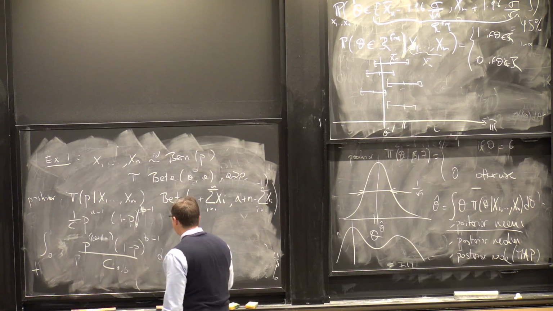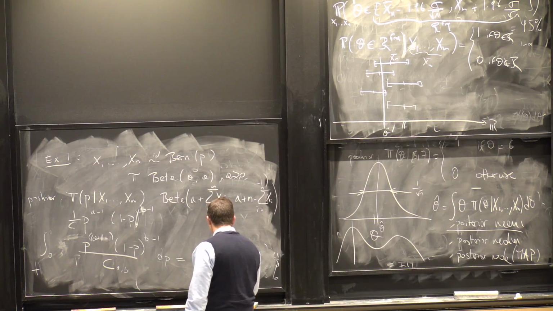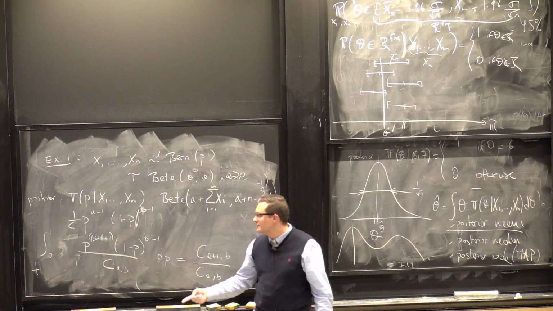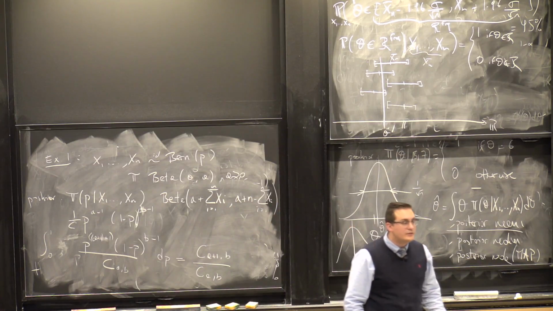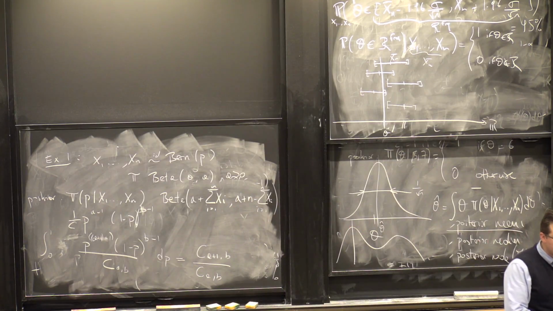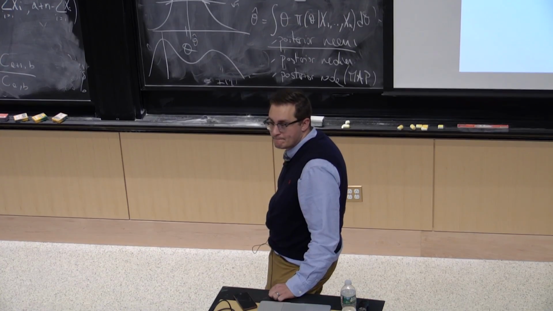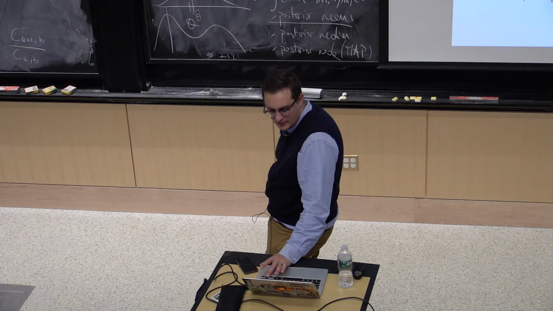Because this is essentially equal to c of a plus 1, b divided by c of a, b, where c of a plus 1, b is just the normalizing constant of a beta a plus 1, b. So I need to know the ratio of those two constants. And this is just a calculus exercise.